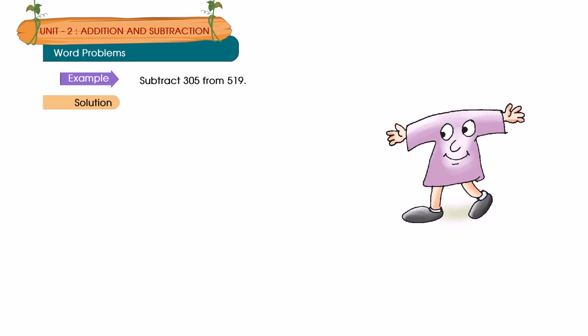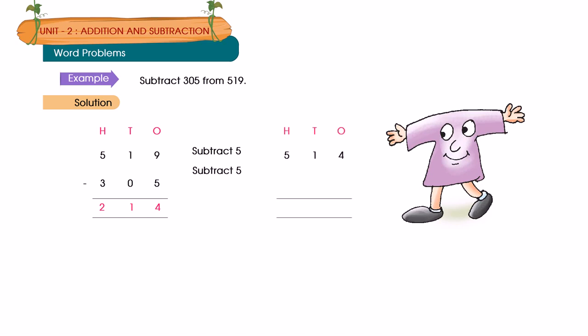Solution: 519 minus 305 is equal to 214. Subtract 5, subtract 5. 514 minus 300 is equal to 214.